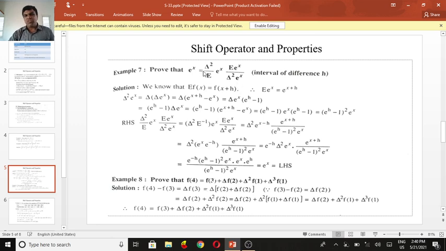For the exponential function we can write Δ²/E of e^x, that is, e^x divided by Δ² e^x. So we simplify the denominator Δ² e^x.